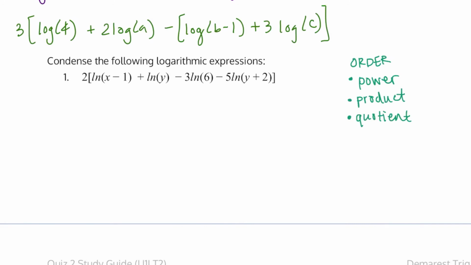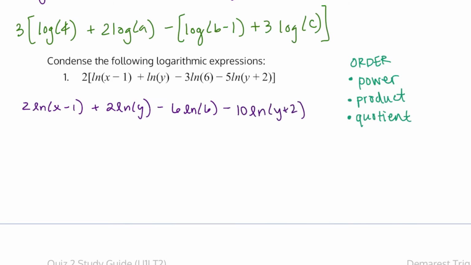That'll leave me with 2 natural log of x minus 1 plus 2 natural log of y minus 6 natural log of 6 minus 10 natural log of y plus 2. Okay, so I've taken care of that set of brackets, and now I need to put my own pair of brackets in.